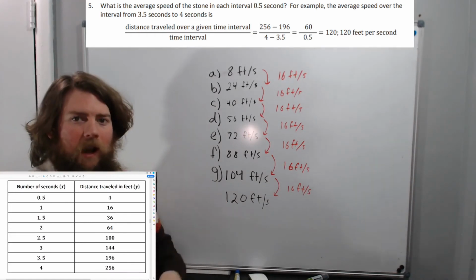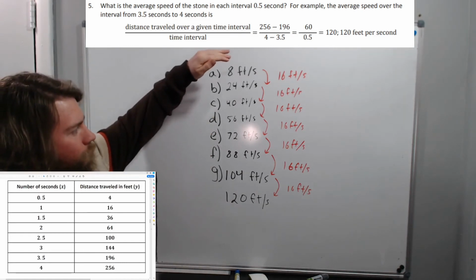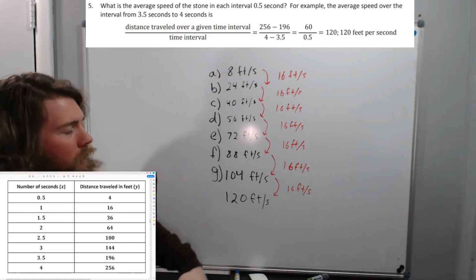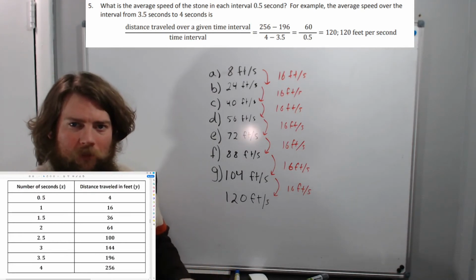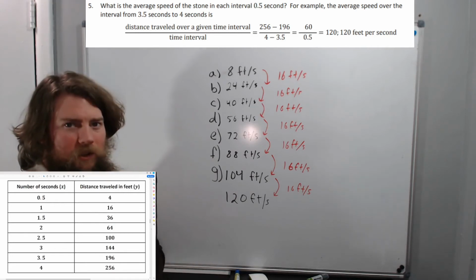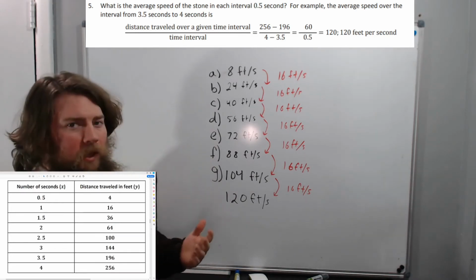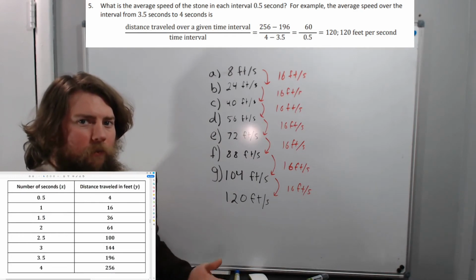So this is that idea I was talking about before, where your speed is not constant, but the rate at which your speed is increasing is constant. Each half-second interval, we're increasing speed by 16 feet per second.